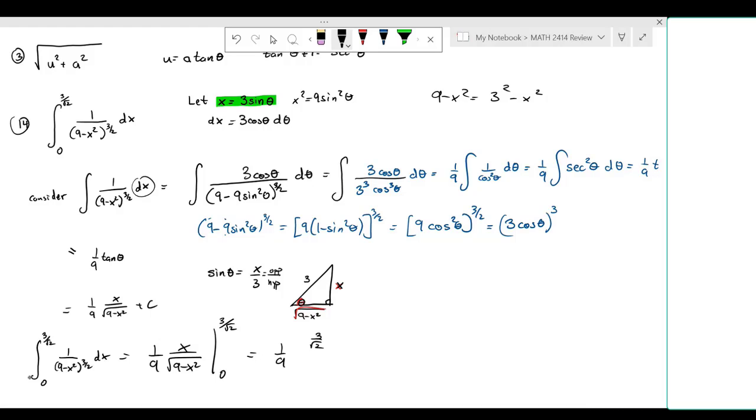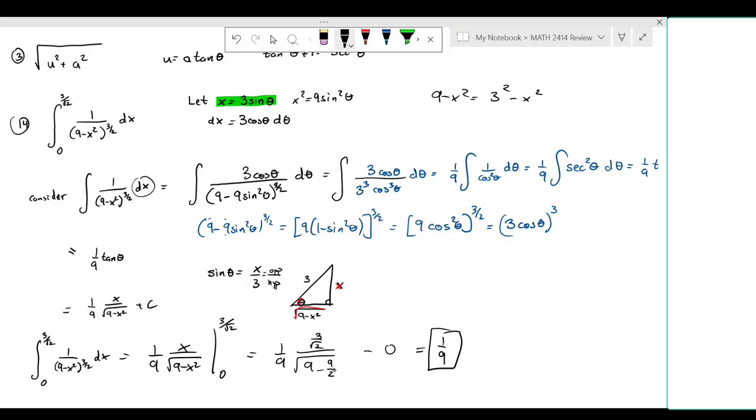It looks awful. And at the lower bound we get 0. So I believe this simplifies to 1/9.